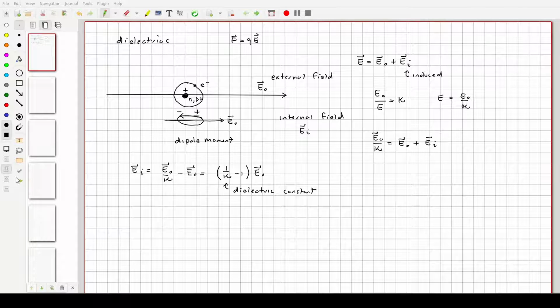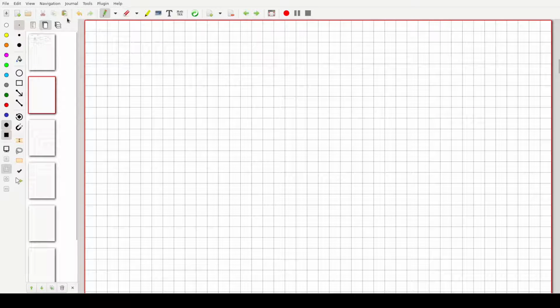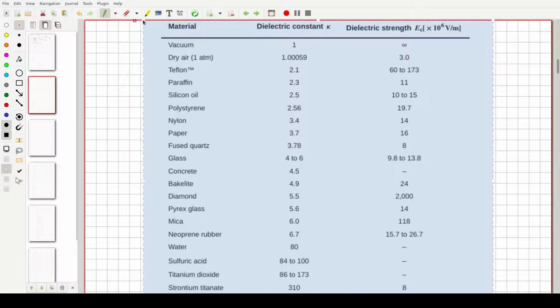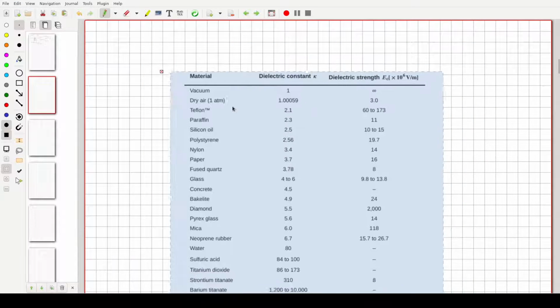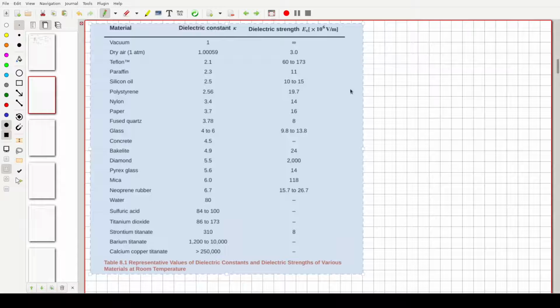This would be page 372 in your book, chapter 8. So for a series of these things, just a few of them, out of an infinite number of these things.